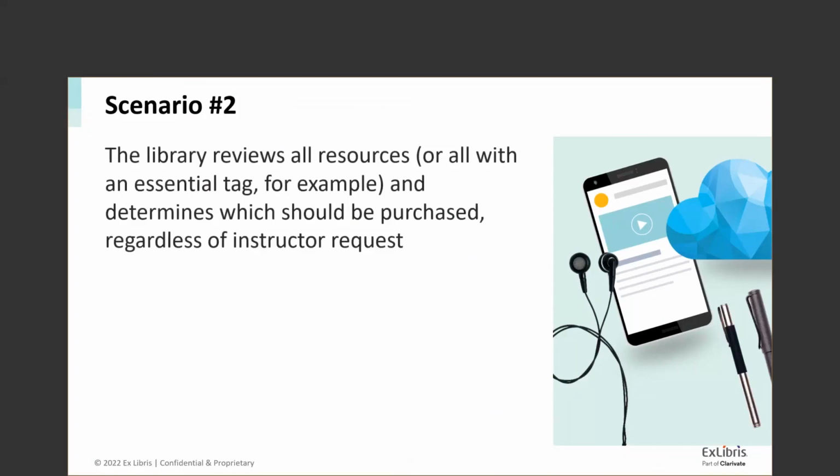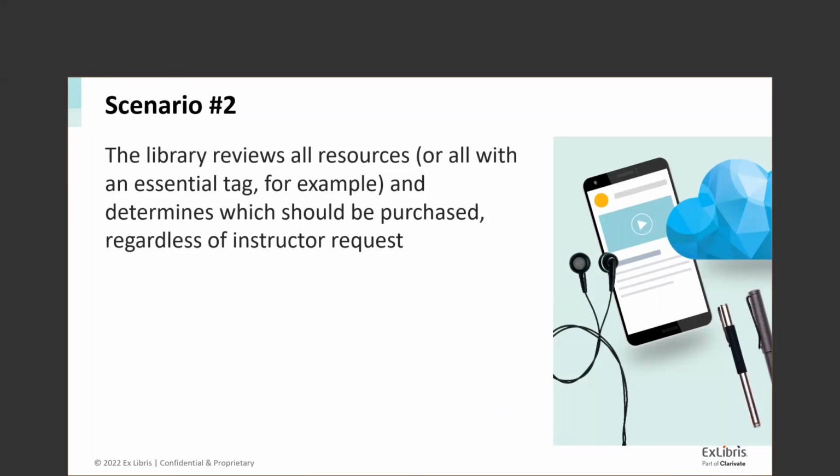So for example, in this case, you want to make it so that the library reviews all resources which are tagged as essential. This is just an example, but if you know that you want to own all resources that have been tagged as essential, then you can start with that.